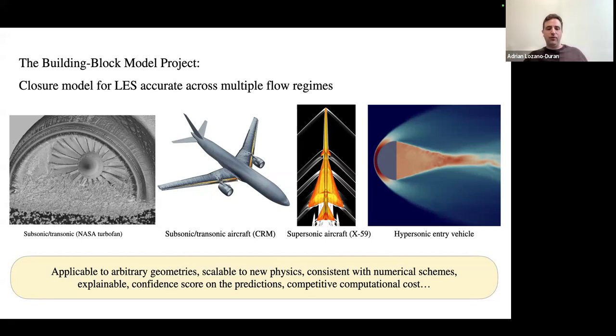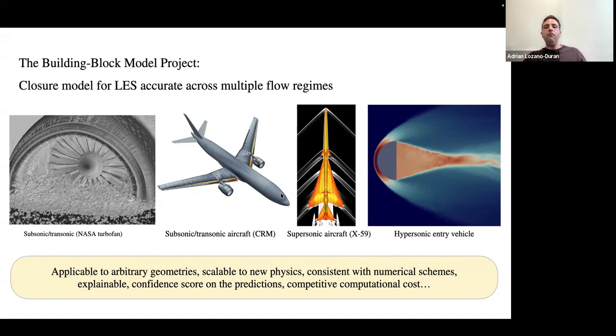Now, whether that's possible or not, it remains to be seen, but at least from the work that we have been doing, we can show that you could actually have one single model that will do a very good job across many different flows. And what I have at the bottom are the conditions that we impose on ourselves for the model. So we want this model to be applicable to arbitrary geometries.